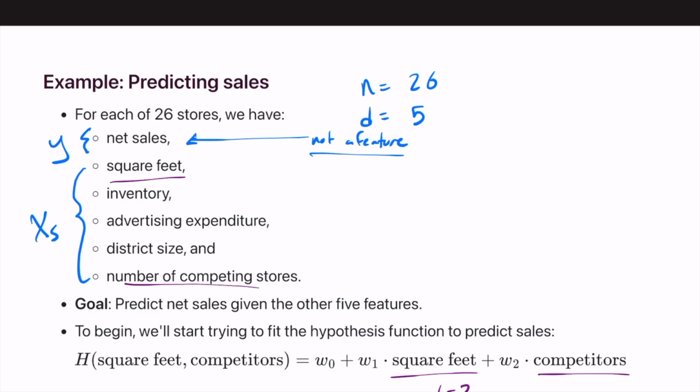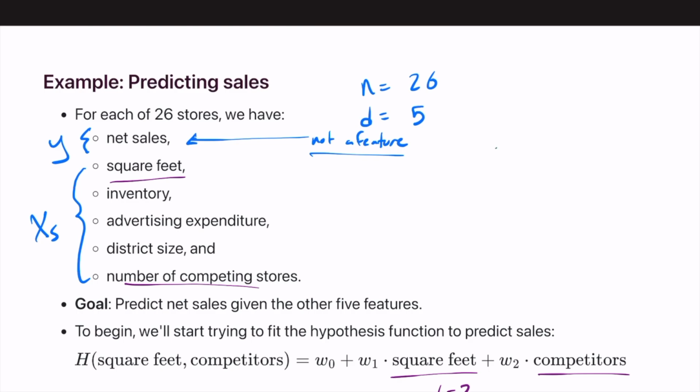One thing that we want to think about is how we actually deal with this data before we start doing a regression model. So net sales is its own thing. Then square feet, inventory, advertising expenditure, district size, and number of competing stores. Let's assume that we've trained our model and we found our W vector, or our parameter vector. We will start with D equals 2 for this example.